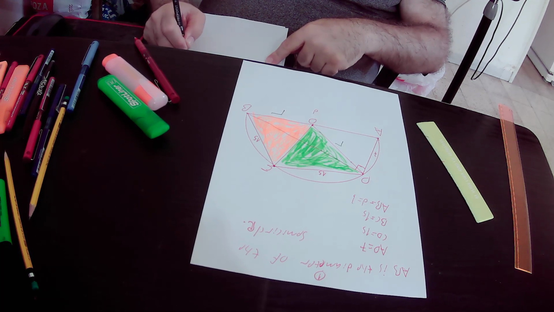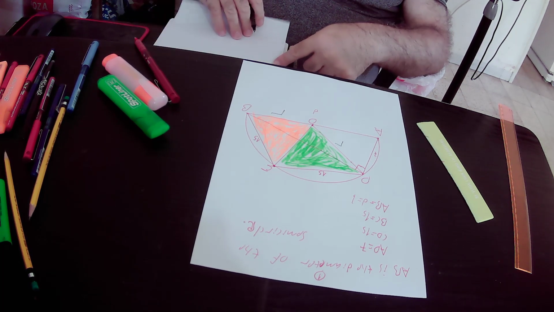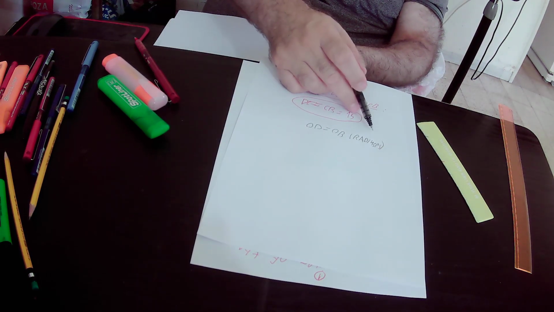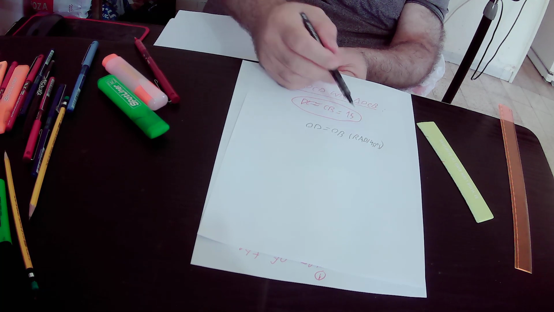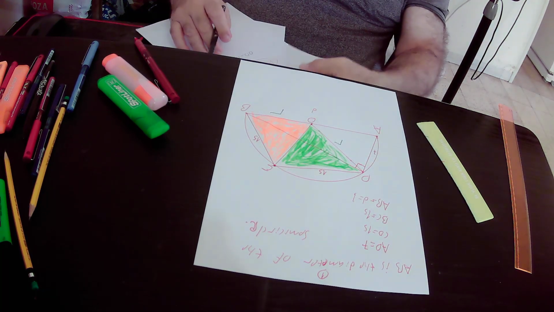They are equal to each other because they are radiuses of this semicircle.